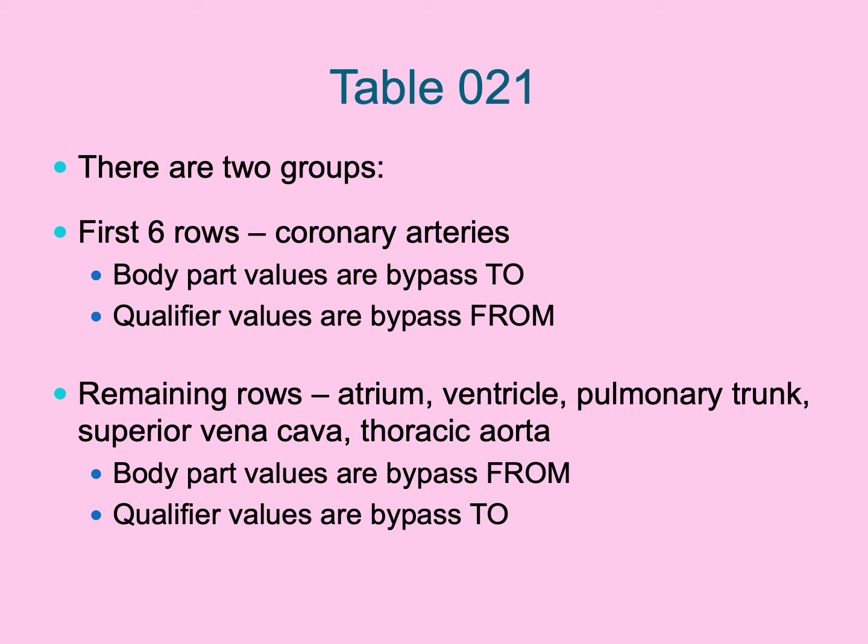The remaining rows, which on this part of the table will go onto a different page, are more specific. They'll say atrium, ventricle, pulmonary trunk, superior vena cava, thoracic aorta. In these, the body part values are bypassed from, the qualifier values are bypassed to. So we're going to talk about these in two different groups, the first 6 rows and then the remaining rows.